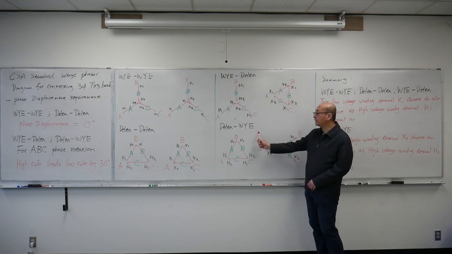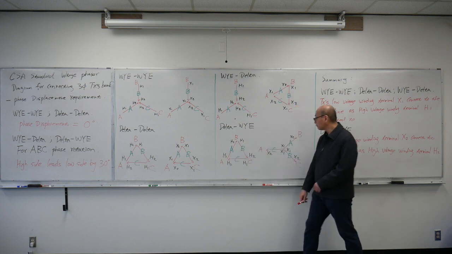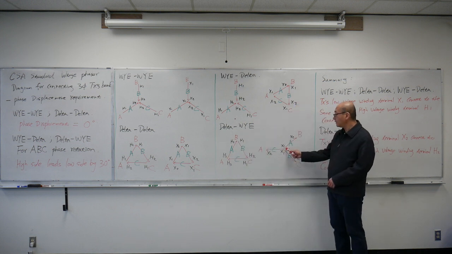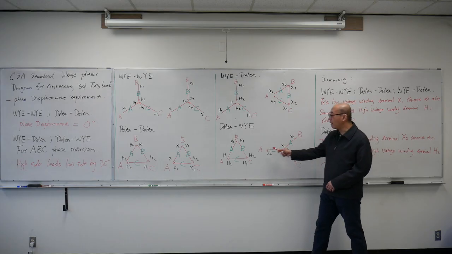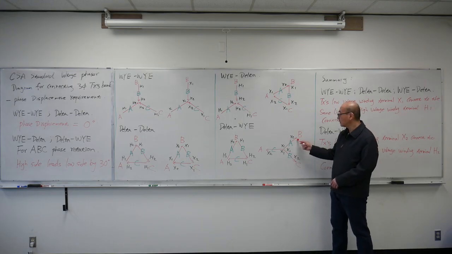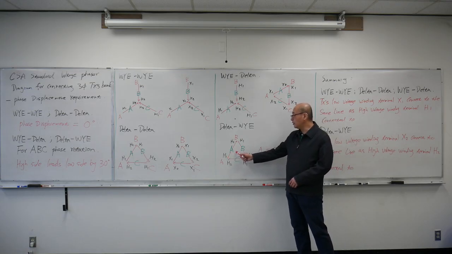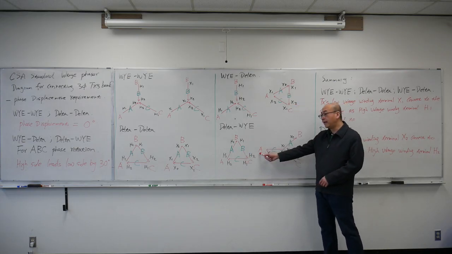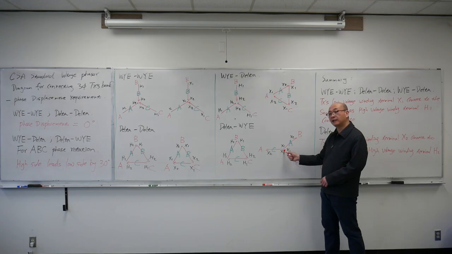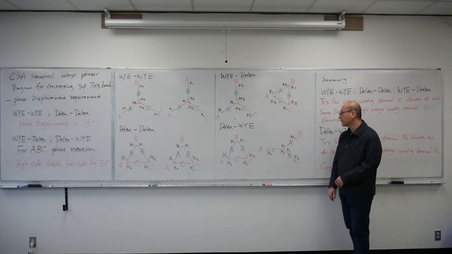The special one is this delta to Y. The delta starts at 60 degrees, that's my phase A, H1 to H2. Phase A, X1 to X2 will be parallel to that H1 to H2, so this one is at 60 degrees. Looking down here, A to the neutral point in the center is at 30 degrees, but this A to neutral point is at 0 degrees. So high voltage leads low voltage by 30 degrees.